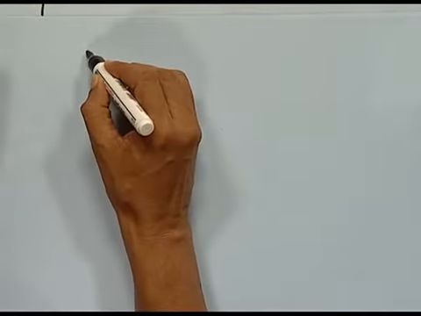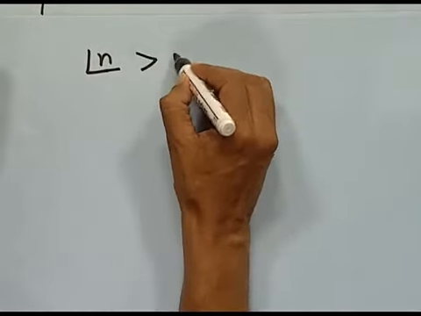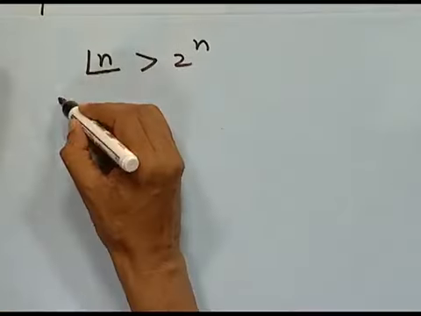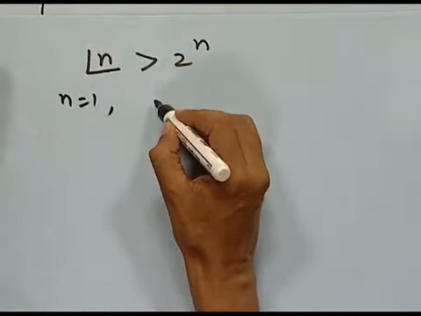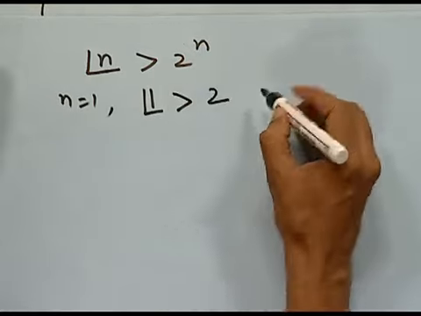Sometimes we cannot start the first step from n equal to 1. For instance, the problem to prove factorial n is greater than 2 raised to power n. Here we observe that when n equal to 1, we have factorial 1 more than 2, which is not correct.